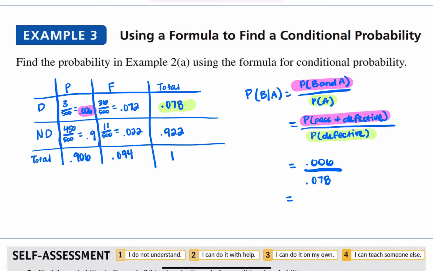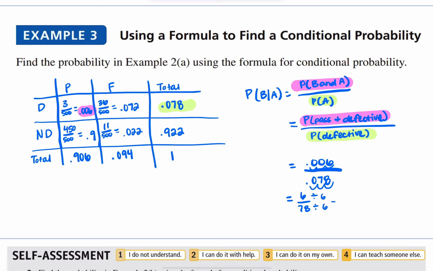And then we can simplify this. So we don't ever want decimals in a fraction. So what I'll do, I'll just move my decimal place over 3 times for both of these. So I'll have 6 over 78. Simplify that by dividing both by 2 and get 3 over, oh, nope, I can divide both by 6, actually. Let's do that.